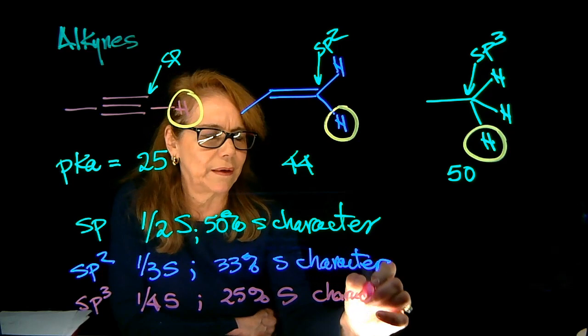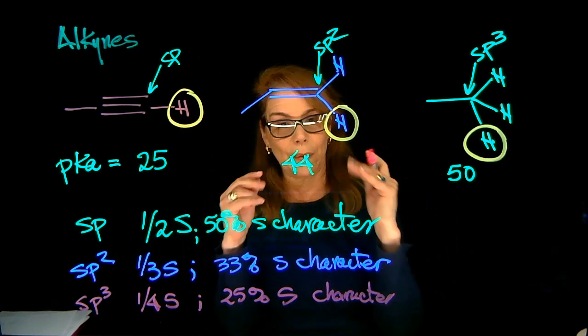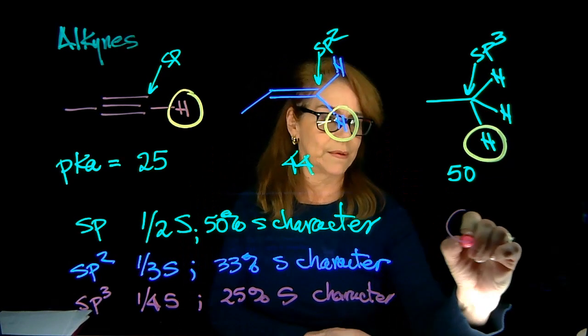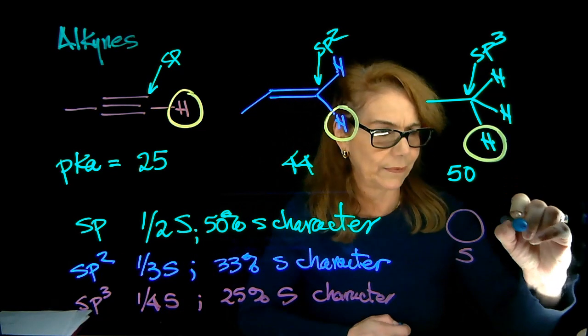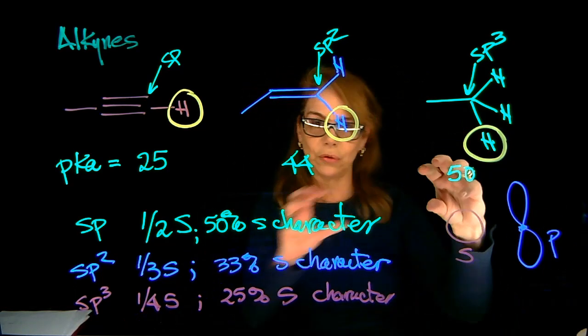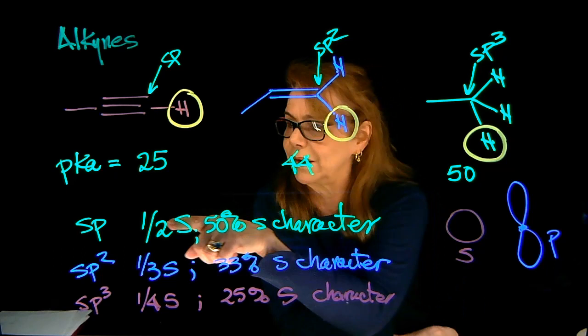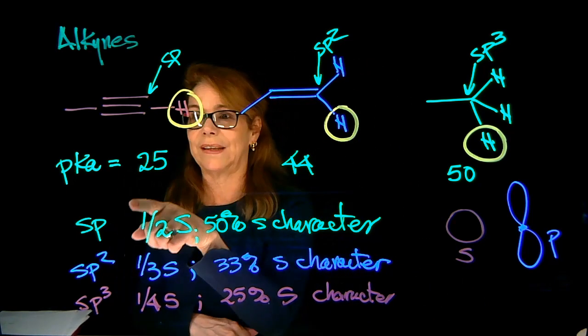What that means is that the more s we have, remember the s-type orbital is like that, p-type orbital is like that. So density is closer to the nucleus. The more s character it has, the closer to the nucleus is the orbital.